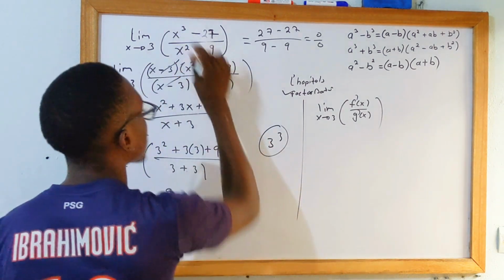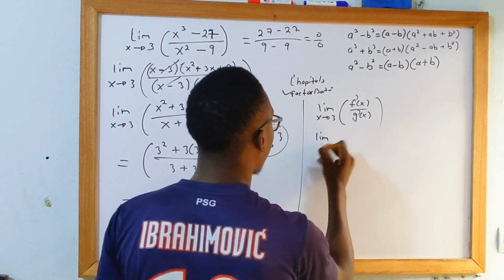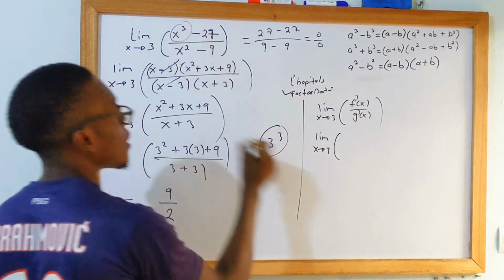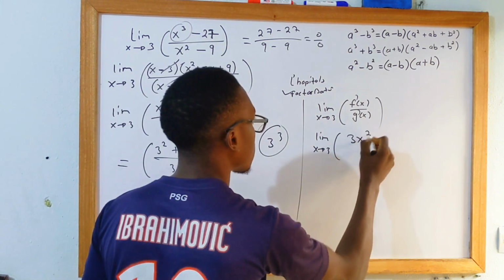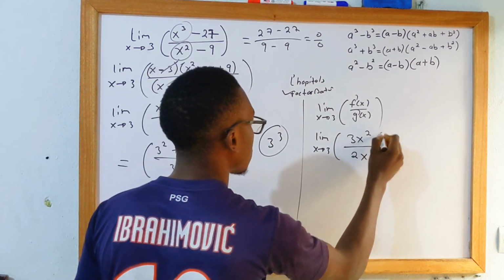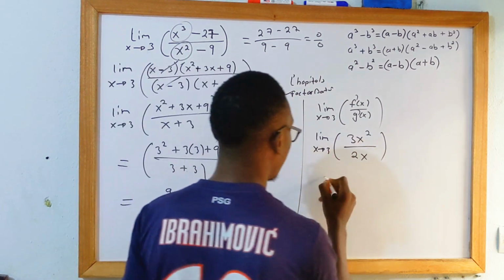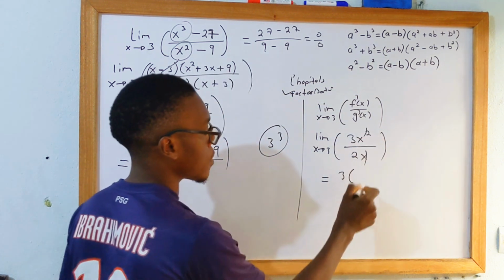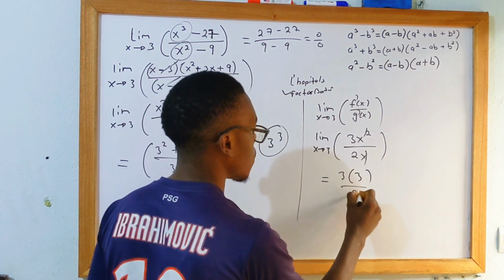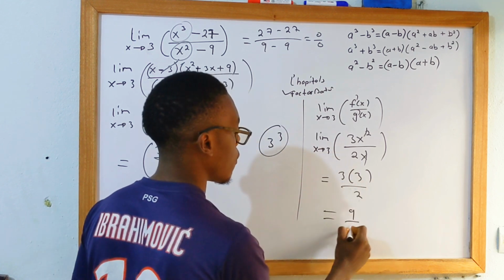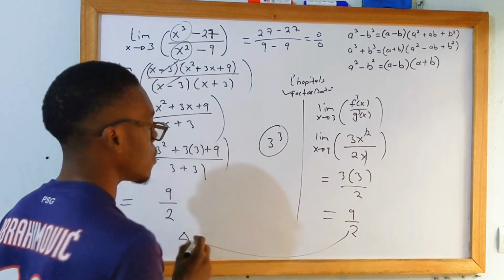Hence, that will be the limit as x tends to 3 of, we differentiate this, that is 3x squared, and the denominator, that is 2x. You substitute the 3 here, that will be equal to 3 times 3 divided by 2. And you are having at the end 9 over 2. And this is the same answer using two different methods.